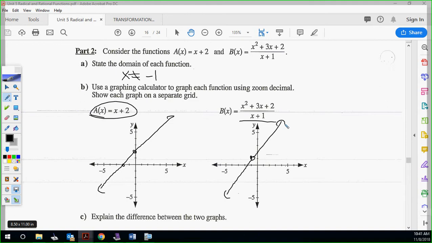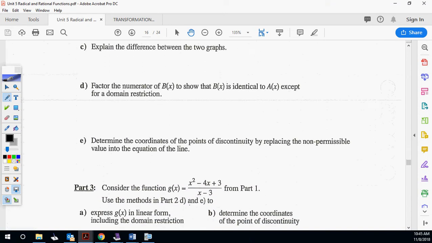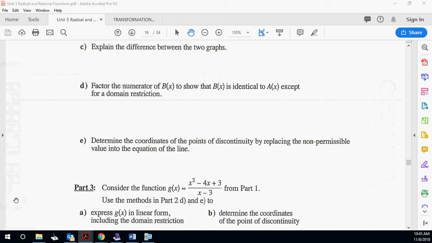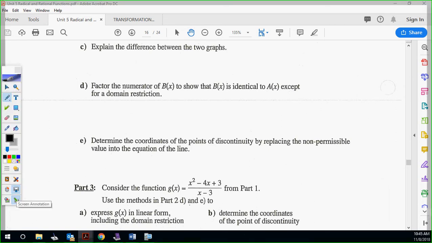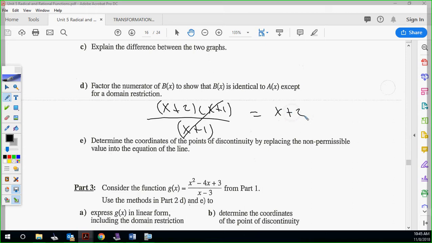So let's look. Okay, factor the numerator of the right side there. So if I factor the right side for g of x, it's going to factor to x plus 2, x plus 1, over x plus 1. That's where the hole comes from. These cancel. So the simplified expression is just x plus 2.